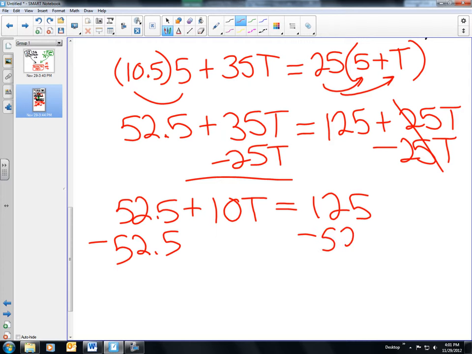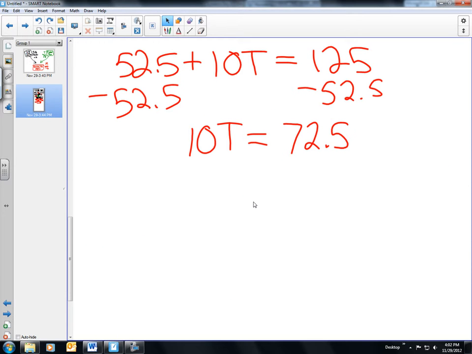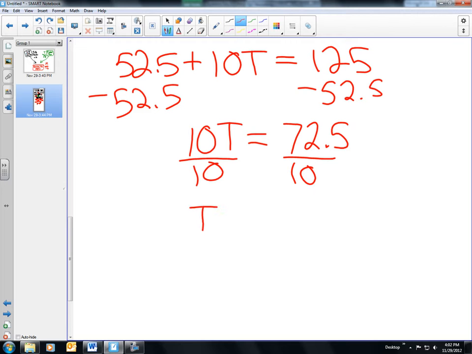And in that case, you're going to get 10T equals 72.5. So pausing here for a second. We know that 10T equals 72.5. To undo the multiplication by 10, we divide by 10 on both sides. And that means that T is going to equal 7.25.